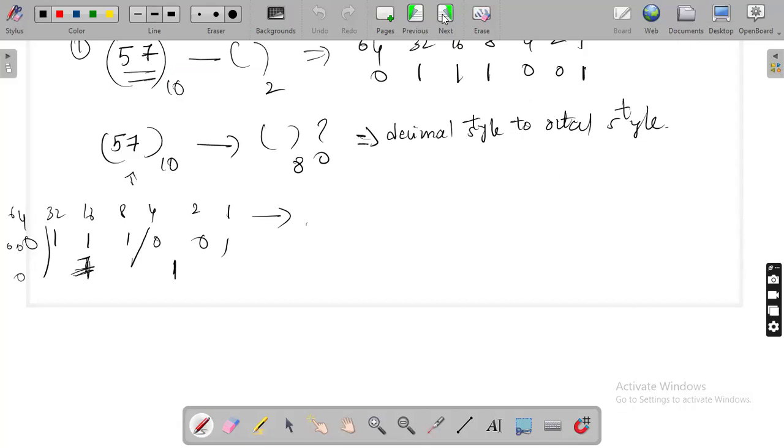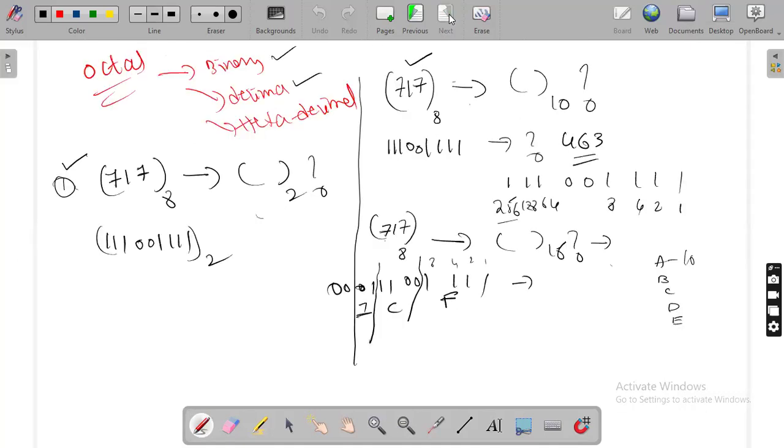What is the input here? 717 octal. So the 717 octal number in decimal is 463. 717 octal in hexadecimal is 1CF. Remember this.